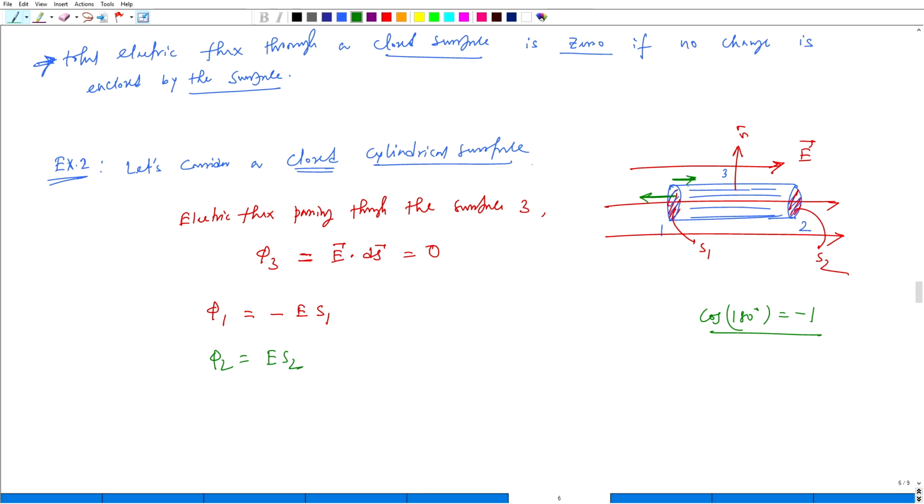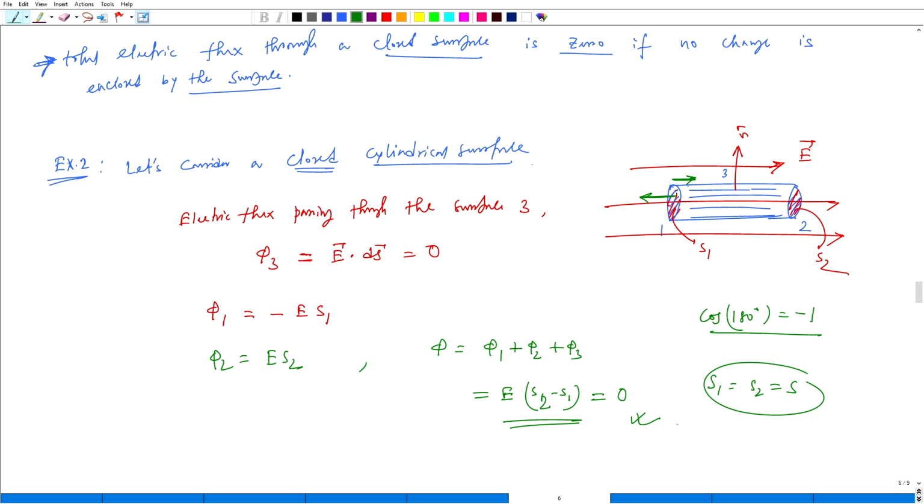So again we consider the total flux phi 1 plus phi 2 plus phi 3 over all the surfaces, which we can consider a closed surface, and that gives 0, right. Basically the thing is that E S1 minus E S2, now for a cylinder S1 and S2 are the same, S, so this gives 0, and that is expected by the Gauss law, because in the cylinder there is no charge, and this one is a closed surface.